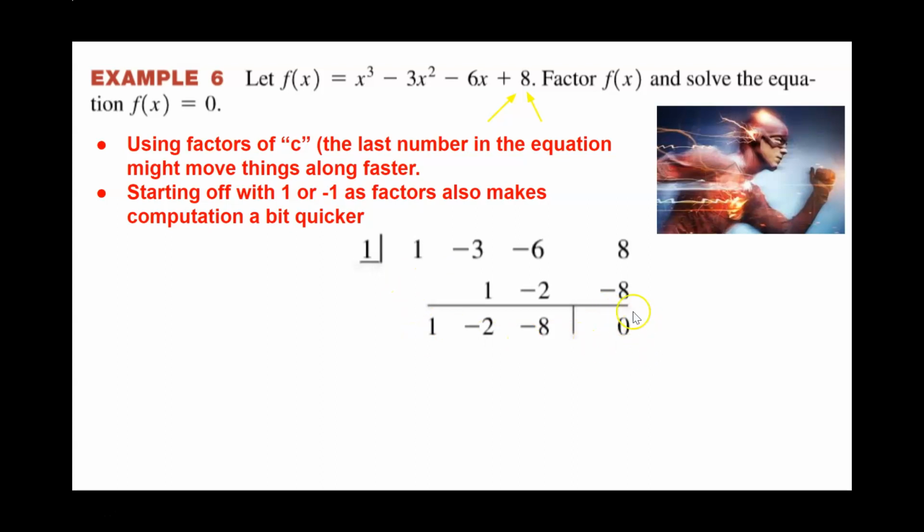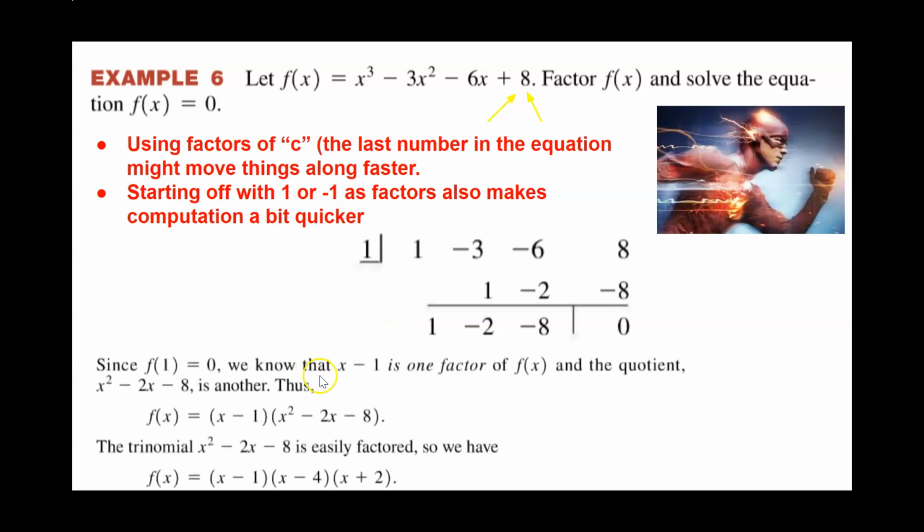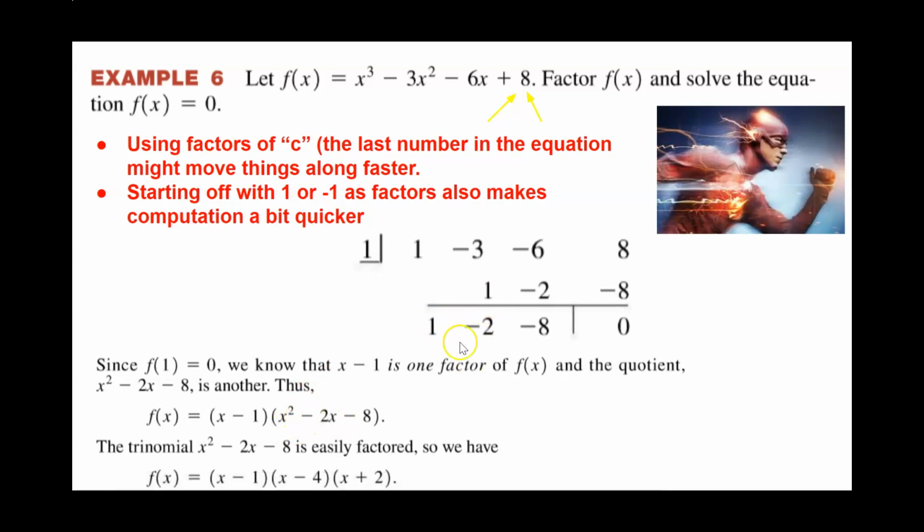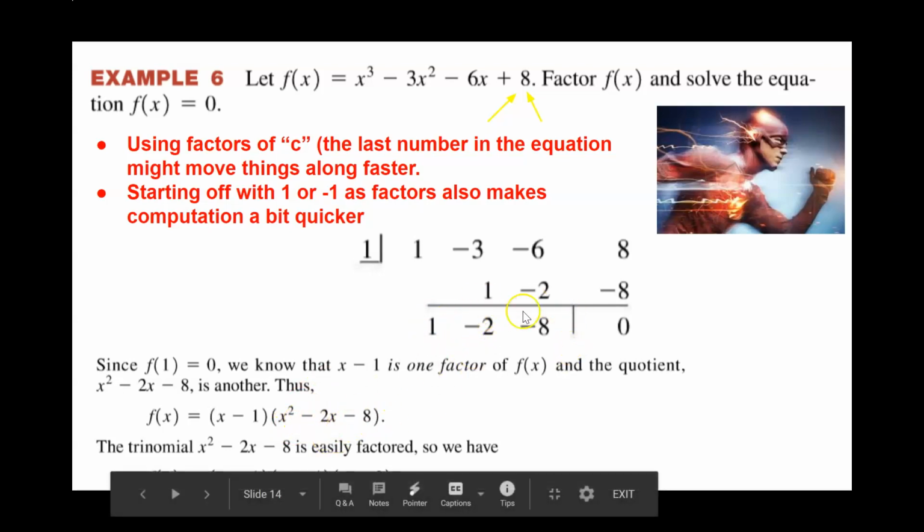Notice we did actually get a remainder of 0. So this means that x minus 1 that we chose is actually a factor. And then what is our answer going to be? x squared minus 2x minus 8 will be our other factor.